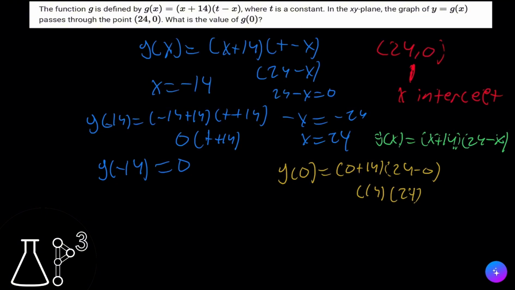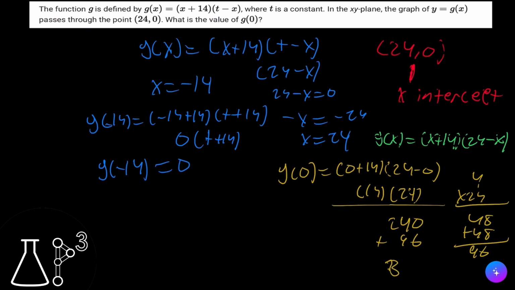If I do that, I'm going to get 240 for 10 times 24. And 4 times 24 basically equals 48 plus 48, and that gives me 96. So if I do 240 plus 96, that gives me 336. And that is my value of g of 0. So my y value for g of 0 is 336, and that is our answer.